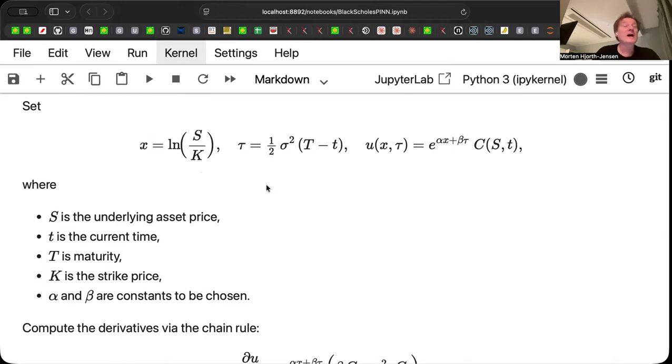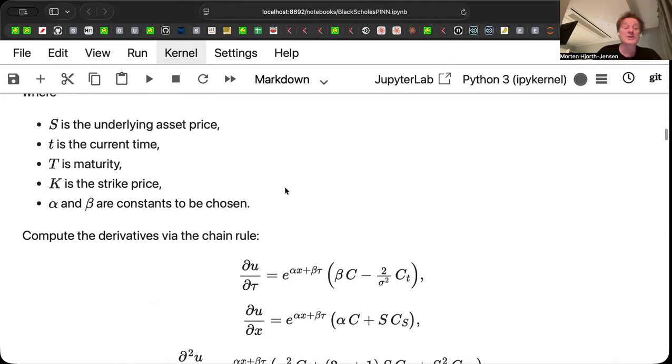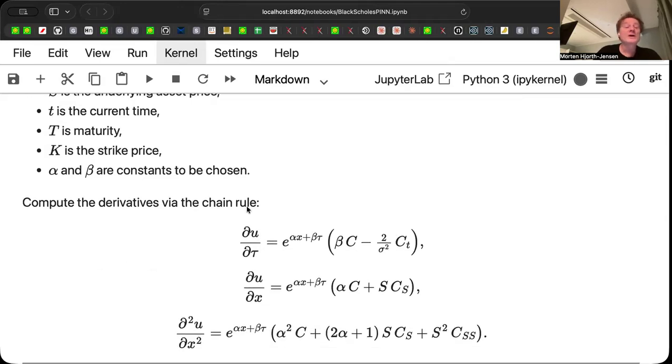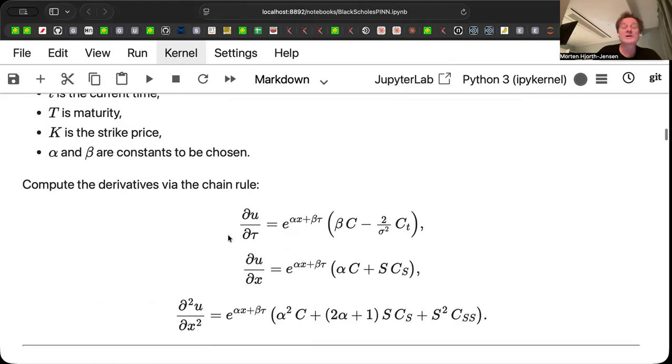So I don't have the in-depth knowledge of this kind of financial quantities. And these are things which we have just taken from standard textbooks in financial engineering. So when you do this change of variables, you have the derivatives, which are then relevant for solving the equations, which are simply obtained by the chain rule.